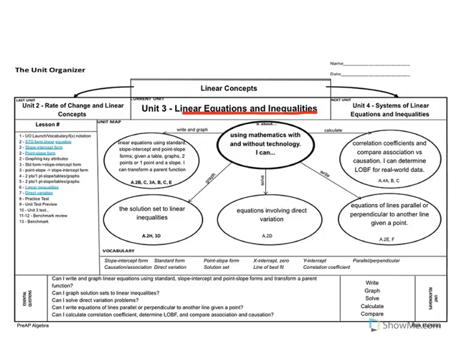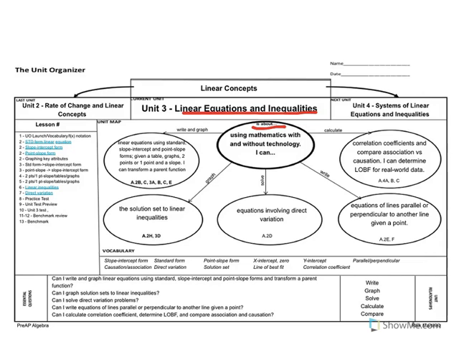So we're going to get into the meat and potatoes of what a linear equation is, what a linear function is. Okay, so basically, linear equations and inequalities is about using mathematics with and without technology. In other words, with and without a calculator.